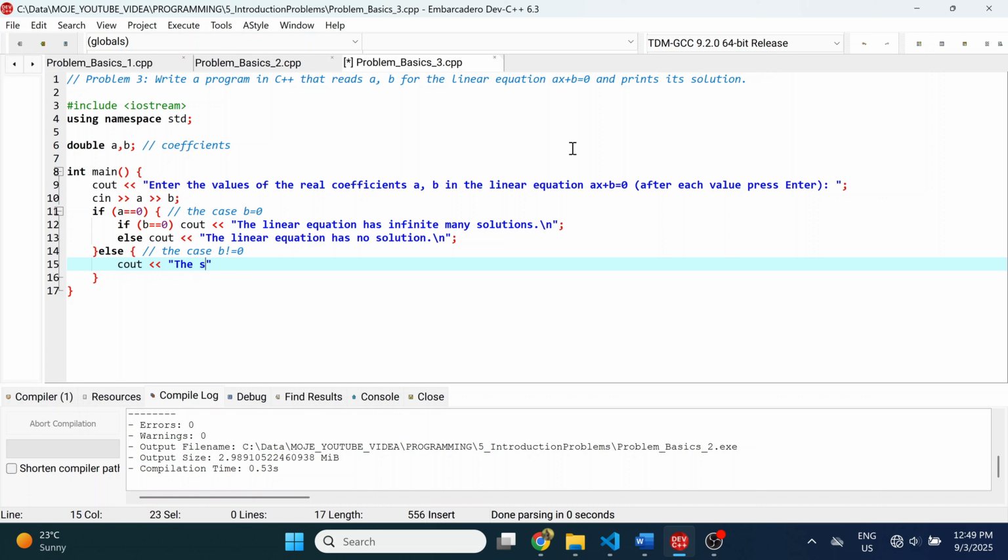If a is not 0, then the equation has a unique solution. In that case, I print the result, which is x equals minus b divided by a.